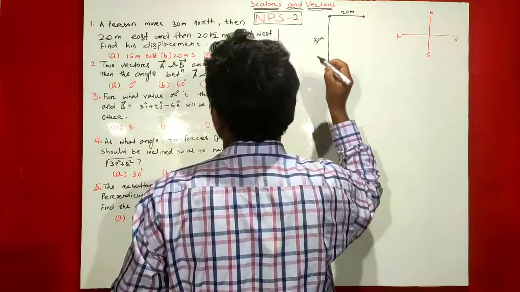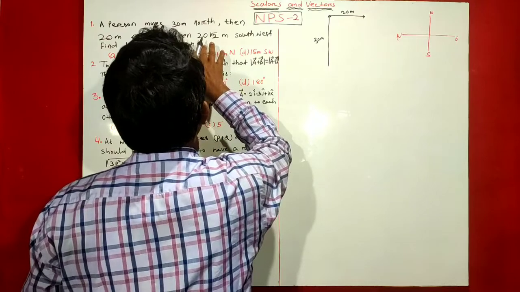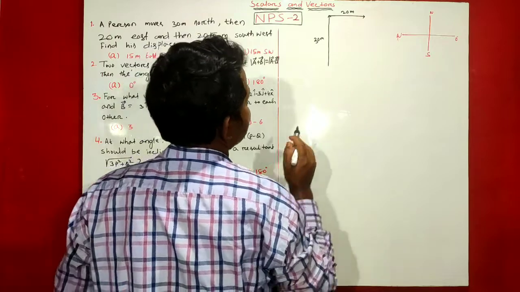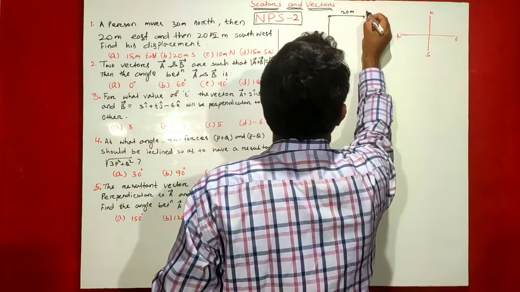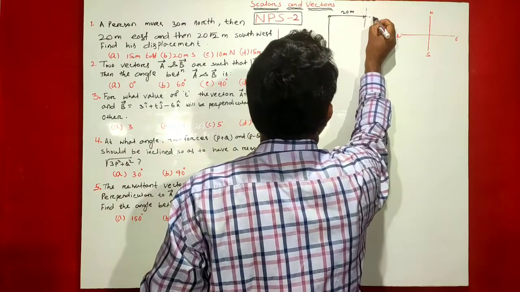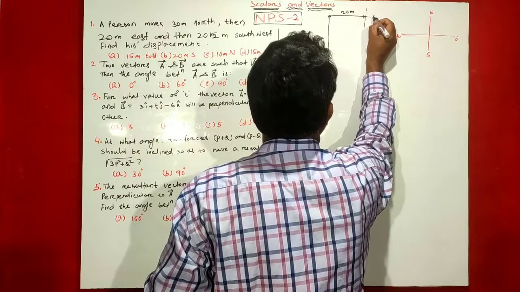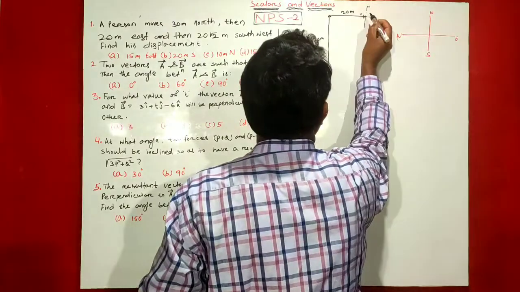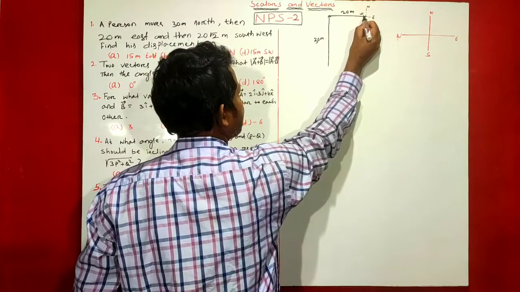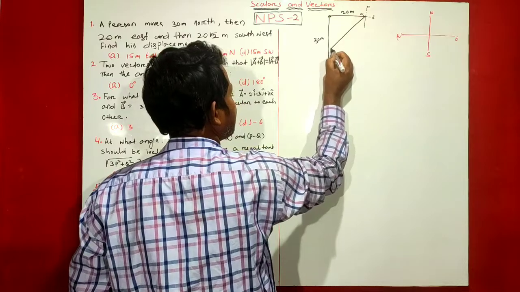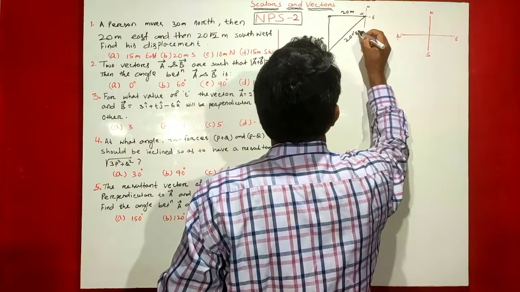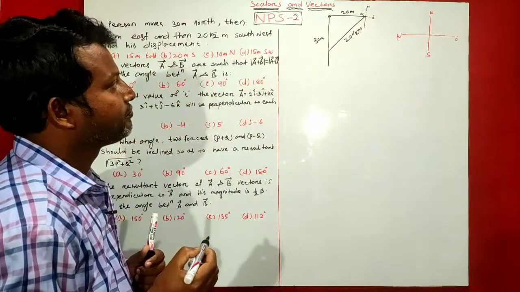Then again the person moves 20√2 meter in the direction of southwest. That means we have to draw here south, east, north, west, and this is southwest. This is southwest, 20√2 meter.